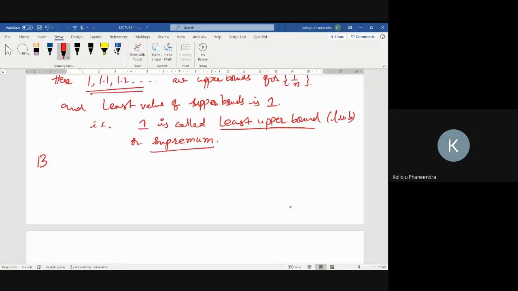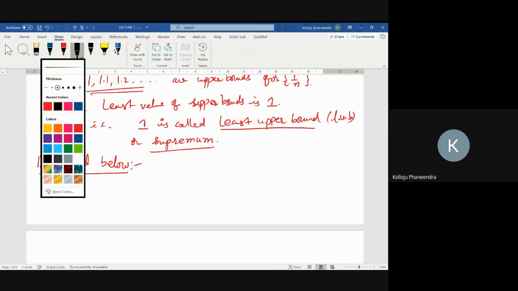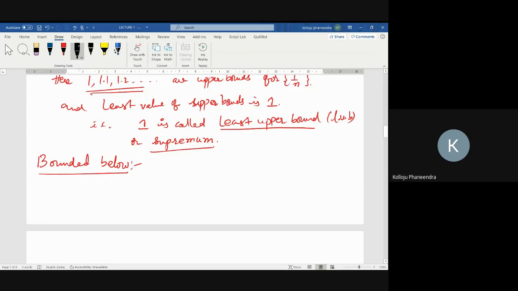bounded below sequence. Similarly, you can construct so many examples for bounded above. Just to understand the concept, I am giving only simple examples. Bounded below sequence.